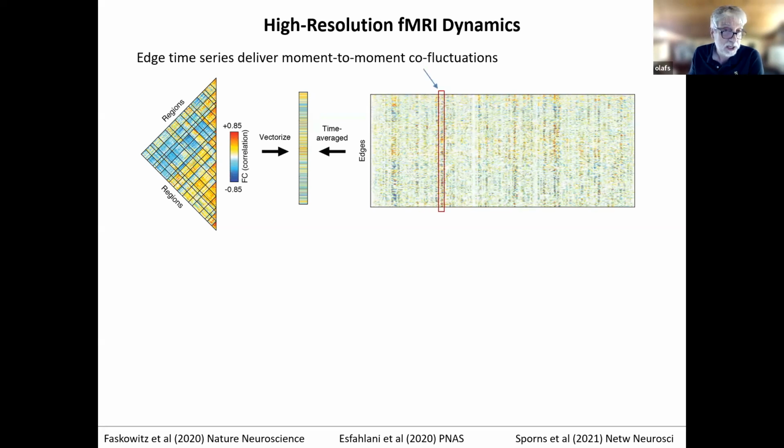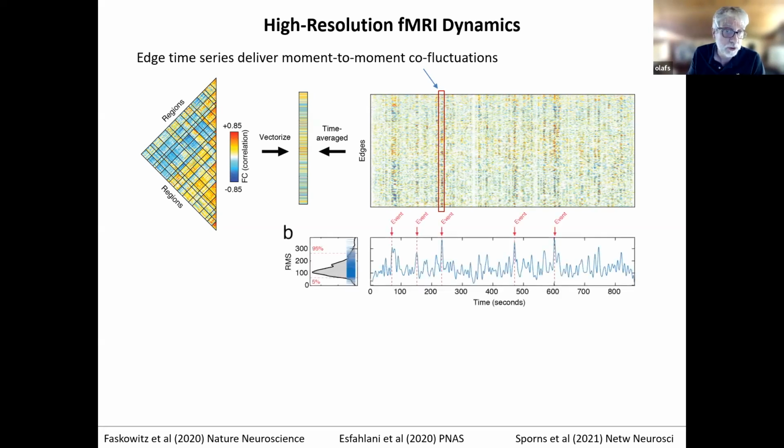And we've spent quite a bit of time trying to chase down the potential sources that could give rise to these moments of high co-fluctuation. You can measure them or you can track them using simple summary statistics such as the root mean square. We colloquially refer to these moments in time when co-fluctuations are particularly high as events, which turned out to be somewhat unfortunate, but look, we can discuss why that is.